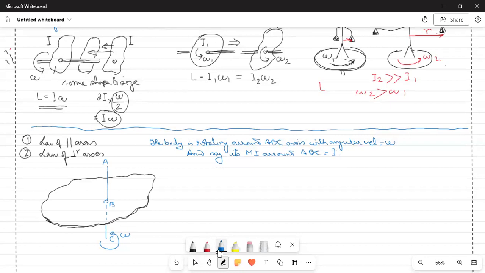Also, say the center of mass of the body is here. This is the center of mass. The body is an irregular body. Its center of mass is here.